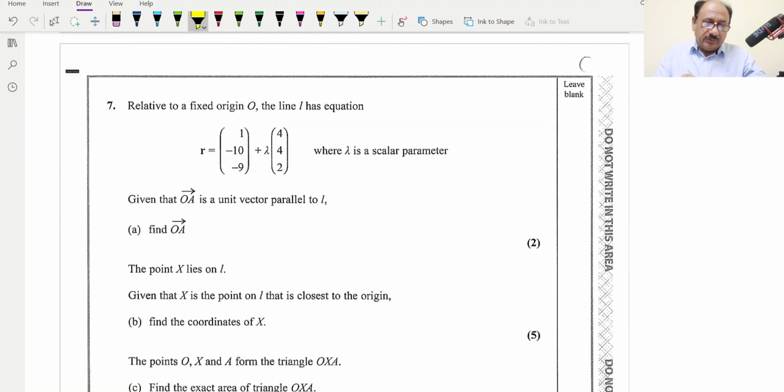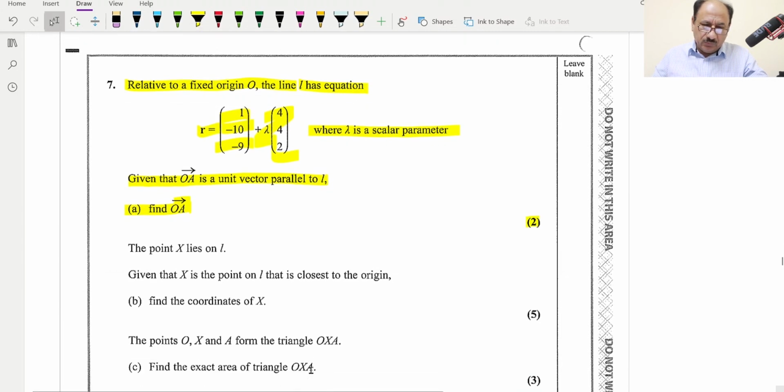Question number 7. Relative to a fixed origin O, the line L has equation, this is the equation provided, where lambda is a scalar parameter. Given that OA is a unit vector parallel to L, find OA, and this is a 2-mark question.